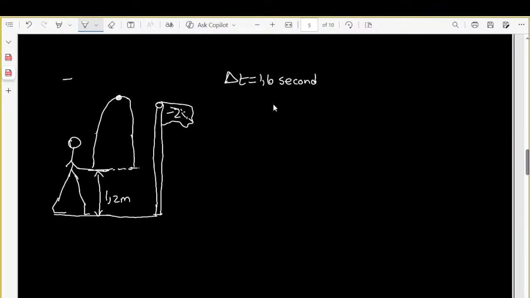Now they want you to determine the height of the pole. How are we going to determine the height of the pole? You are trying to know what is the height of the pole.